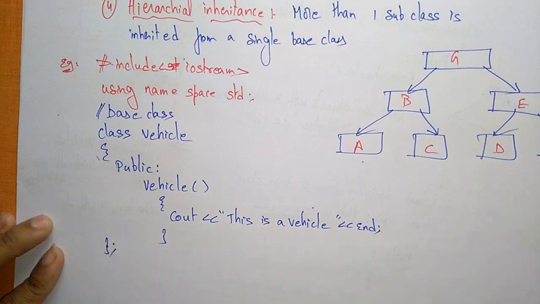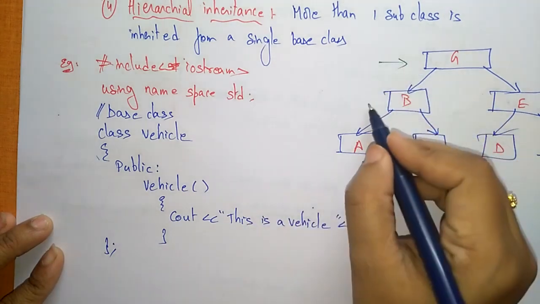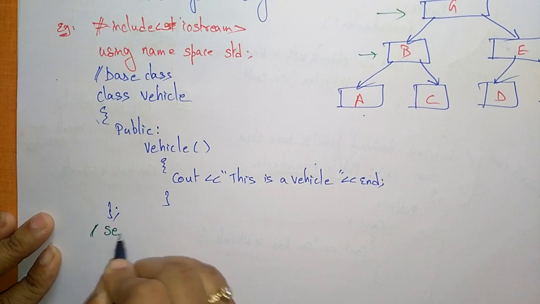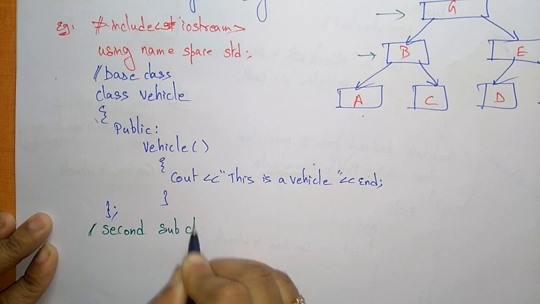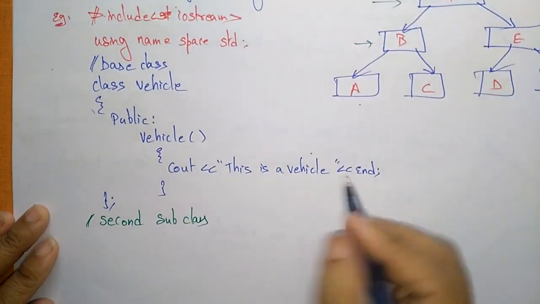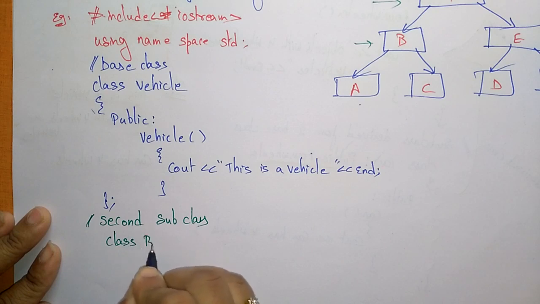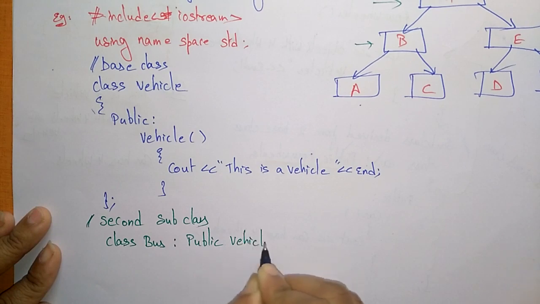Now coming to the second subclass. So this is one base class. Coming to the second subclass, what is the second subclass? Let us take class bus. It inherits the properties of the vehicle base class.